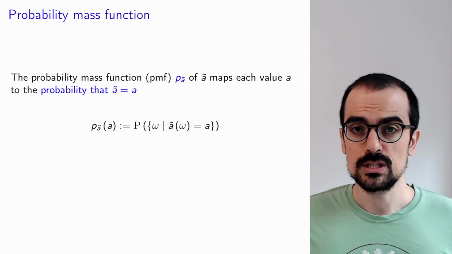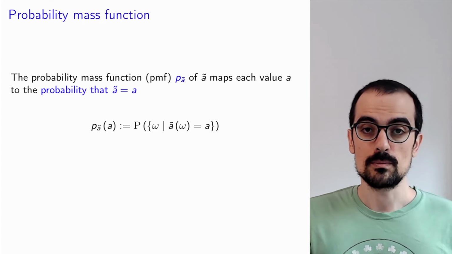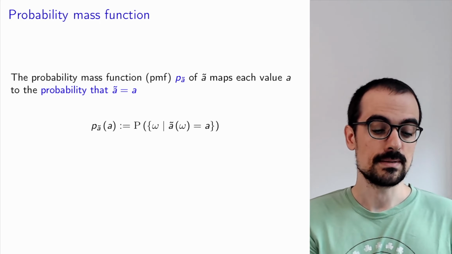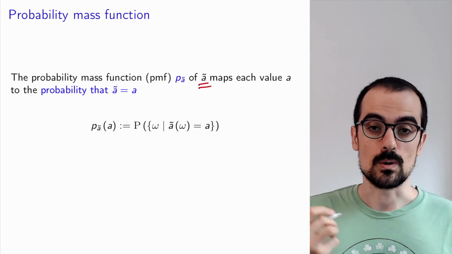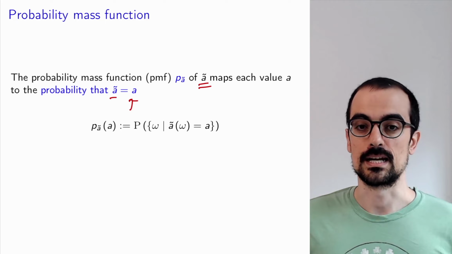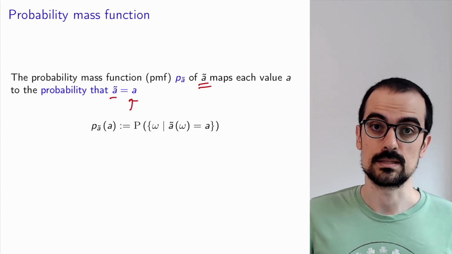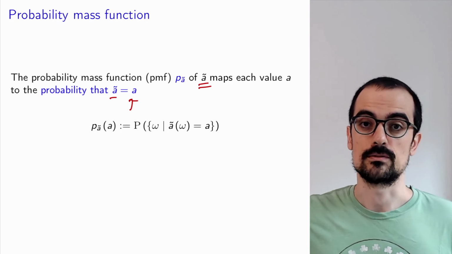Again, we usually manipulate these functions using their associated probabilities, and these probabilities are encoded in something called the probability mass function. The probability mass function of a random variable A tells us what is the probability that the random variable equals any of its possible values. So in the case of our die, this would tell us what is the probability that the first roll is a 1, a 2, a 3, a 4, a 5, or a 6.